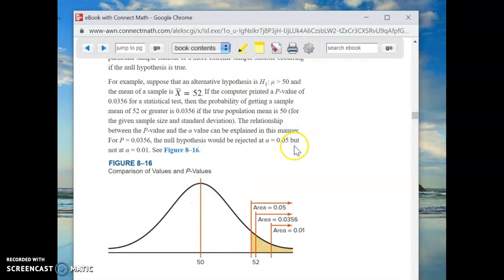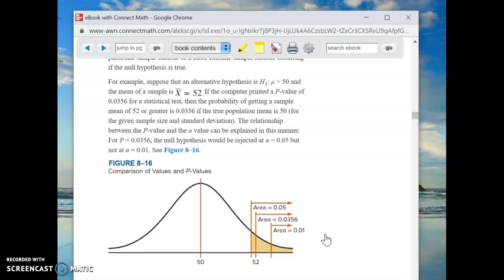It could have happened. However, the chance of me getting a 52 or more is 0.0356. That's the probability, so it's 3.5% that I'm going to get this or more. So then you look at it and you say, well, what are the chances of that happening? For crying out loud, the chance of getting 3.5% is very low. I'm going to reject the null hypothesis.